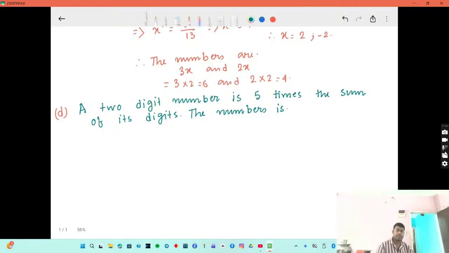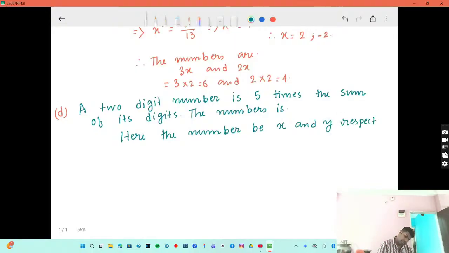So here let the numbers be x and y respectively.